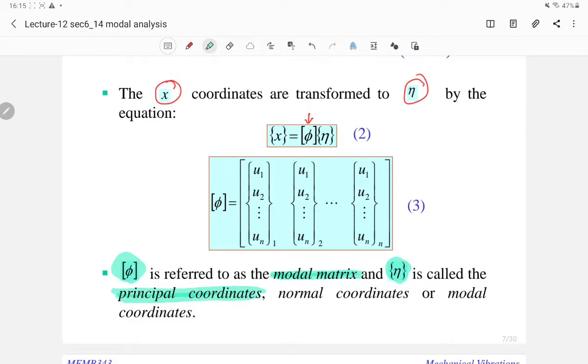There are a few names for it: principal coordinates, normal coordinates, or modal coordinates. Those are the same names. Why we want to do this is we want to transform x, which is the generalized coordinates that we have now, maybe x1, x2, x and theta, into another set of coordinates eta, which is eta1, eta2, eta3 and so on, by using your mode shape vectors.